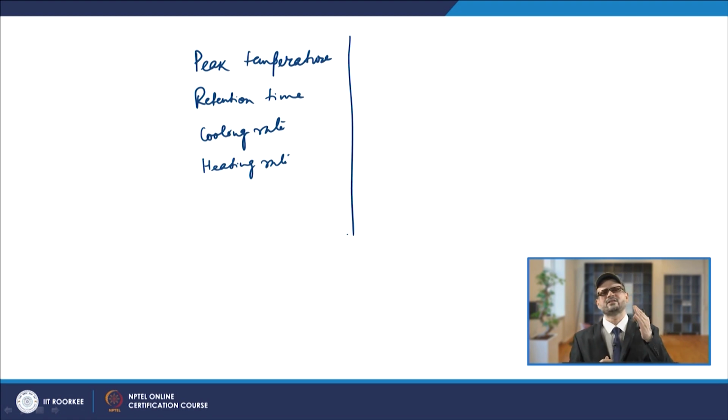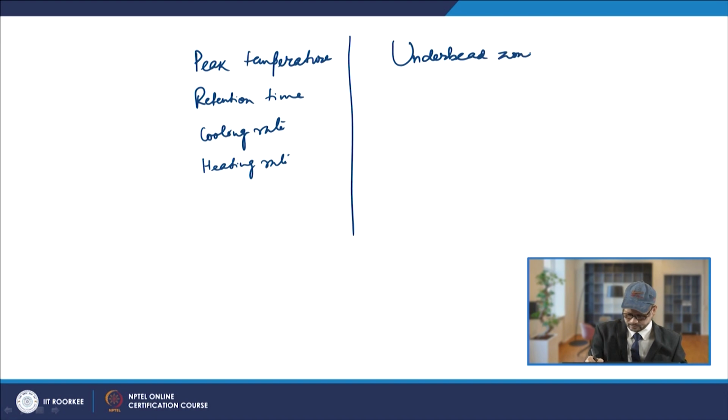Now, after that you have the underbead zone. Below the bead you call it the underbead zone, so your next zone becomes the underbead zone. The characteristic of this zone can be understood by its placement. It is just under the bead position, next to the fusion boundary zone.